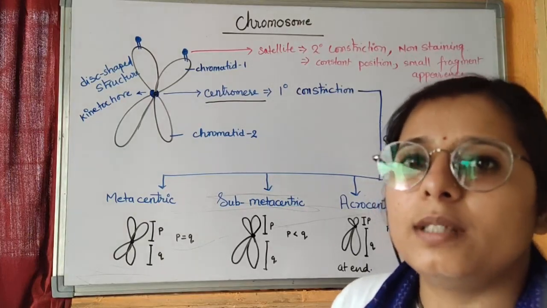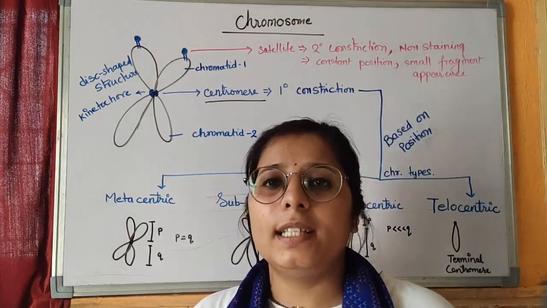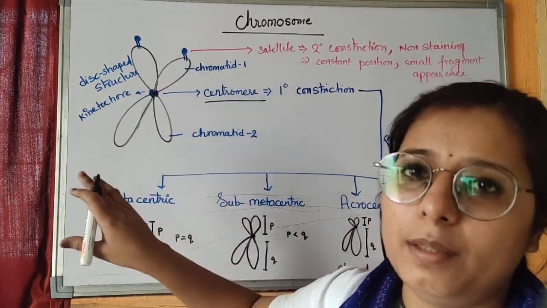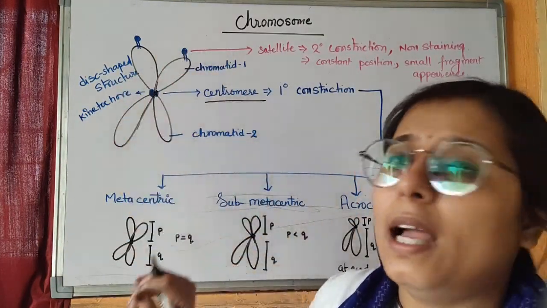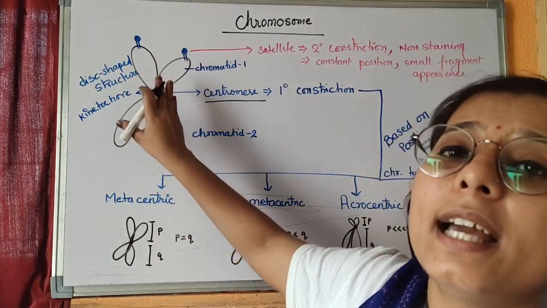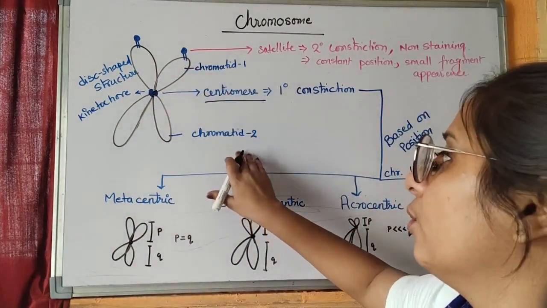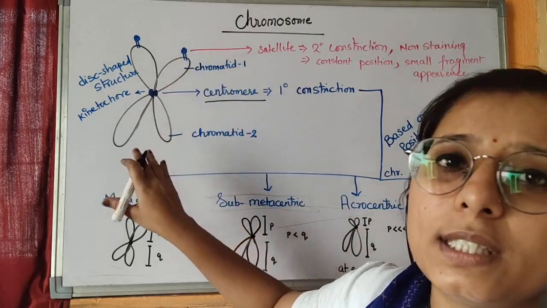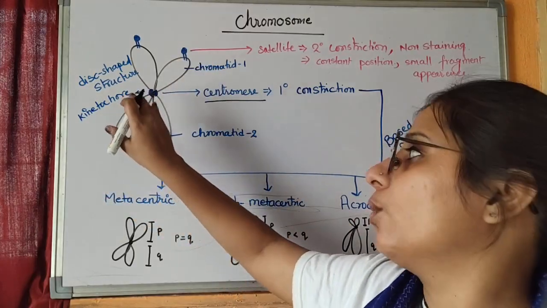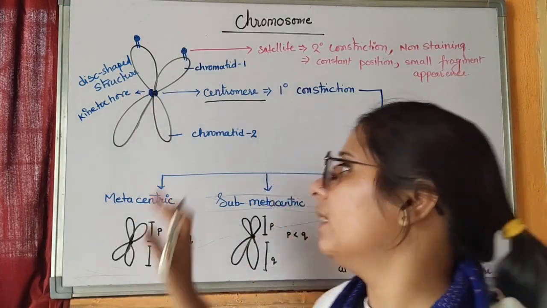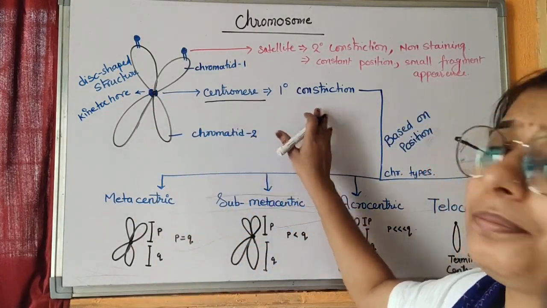Now, the most important part of a nucleus is the chromosome, that is the condensed chromatin fiber. The chromosome has this structure and it has 2 homologous chromatids, known as chromatid 1 and chromatid 2. The 2 sister chromatids are joined together and they have a small primary constriction called the centromere.